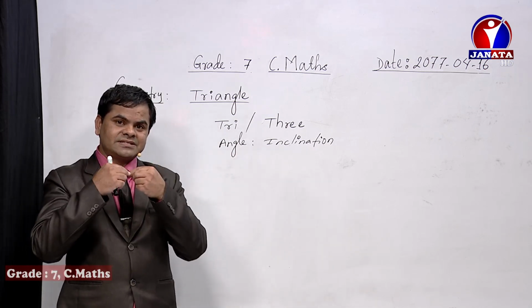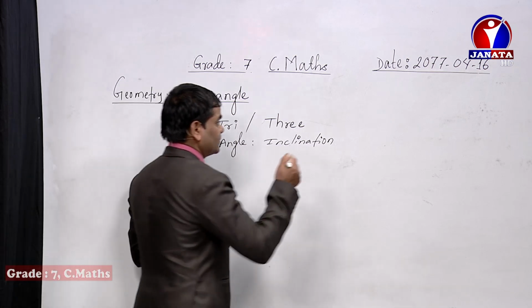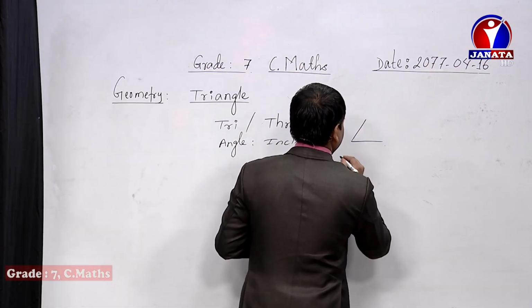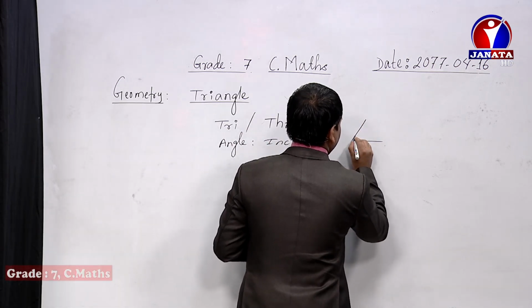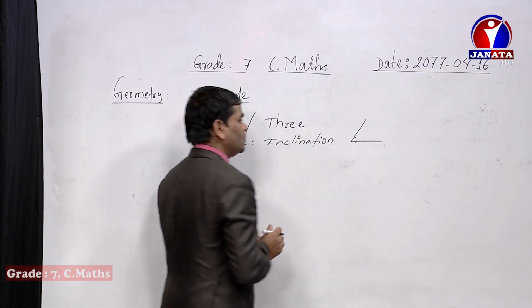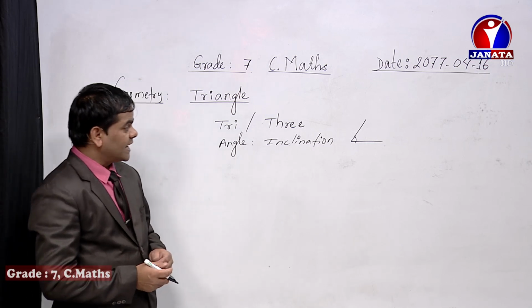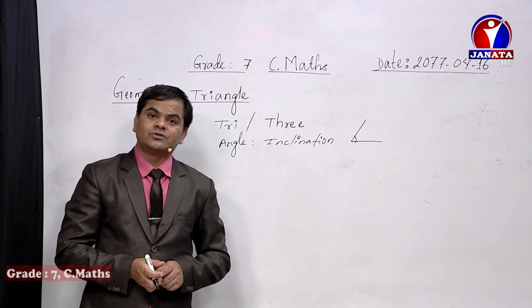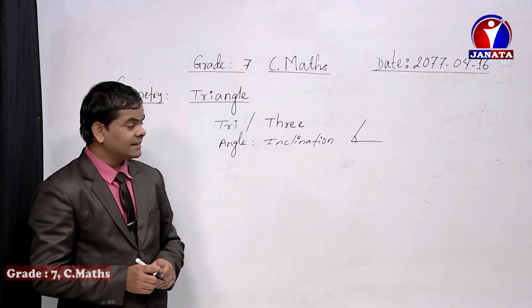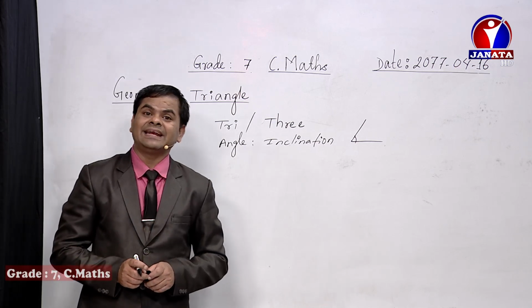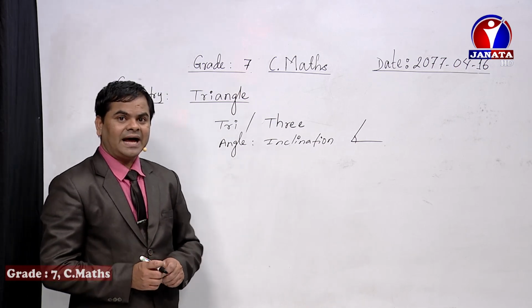When the two adjacent sides are connected, one will be making slope to another, and in between the two sides, when the straight lines are joined at a certain point, one side will make inclination or the slope to another one.